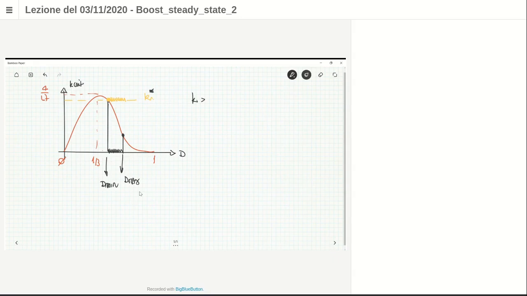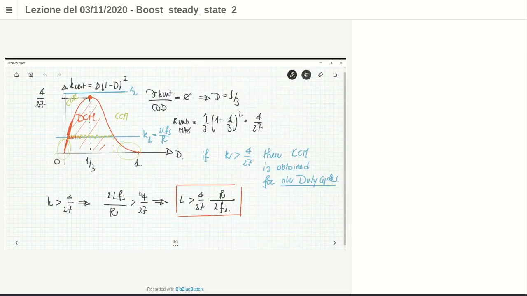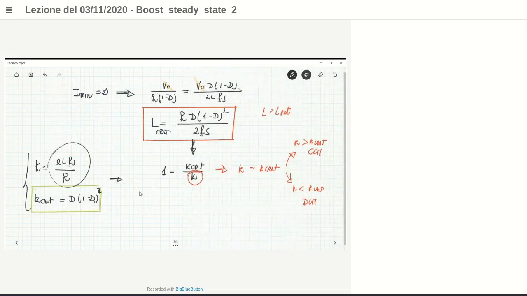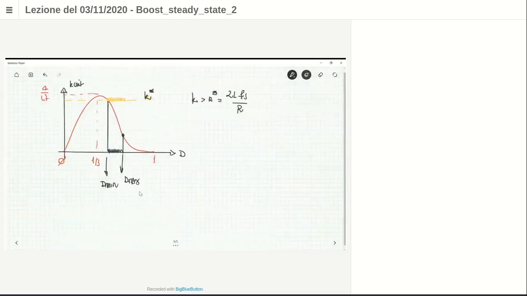K is larger than, I don't know, K star. K is defined as 2L Fs over R. So if K is larger than this value, where K star is the value of the critical curve for the duty cycle minimum.